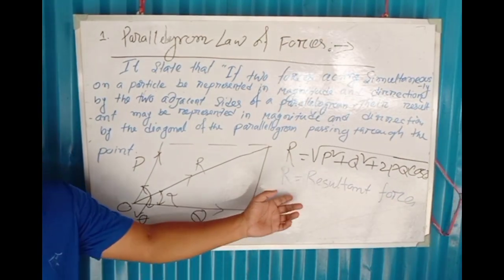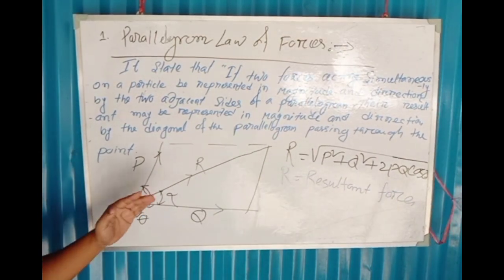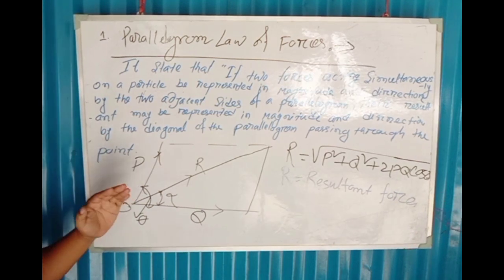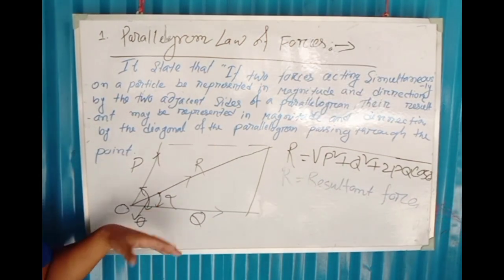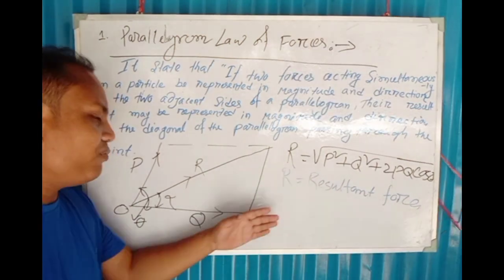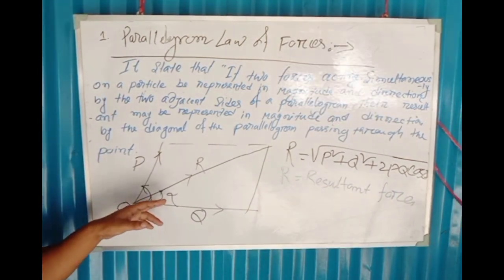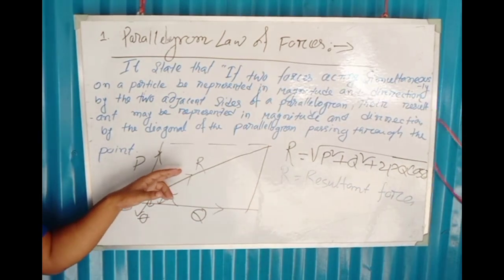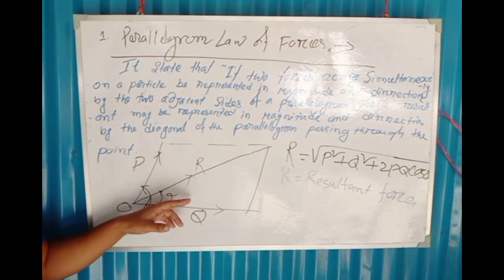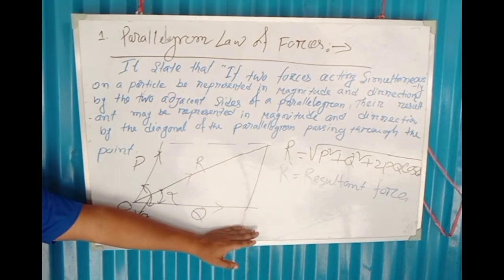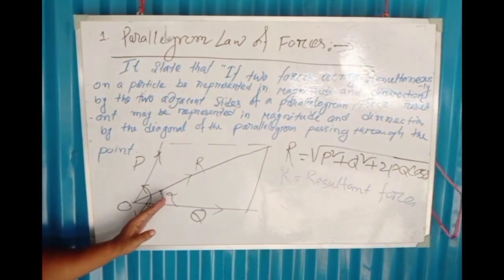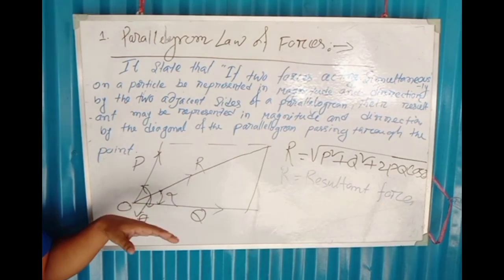Also we can calculate the direction of the resultant force, by finding the angle alpha through a formula. You can see the alpha angle, the angle of the resultant force which is made with the Q force.